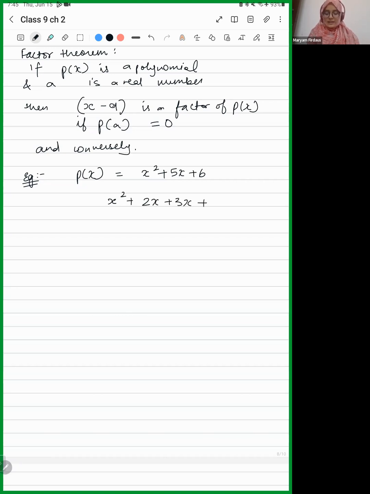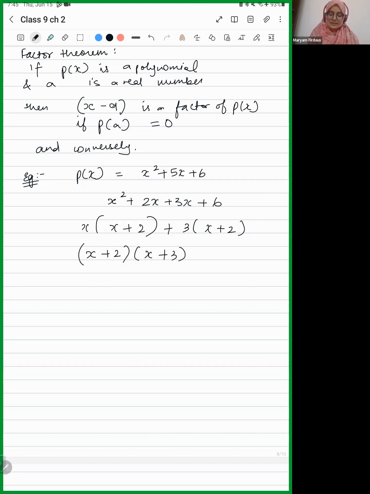So then you write it as x multiplied by x plus 2 plus 3 multiplied by x plus 2, right? Yes, ma'am. This is nothing new to you. You already know how to do middle term splitting. Good. So then you write it as x plus 2 and x plus 3.